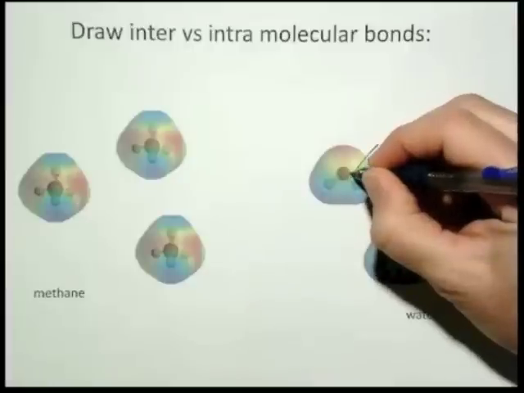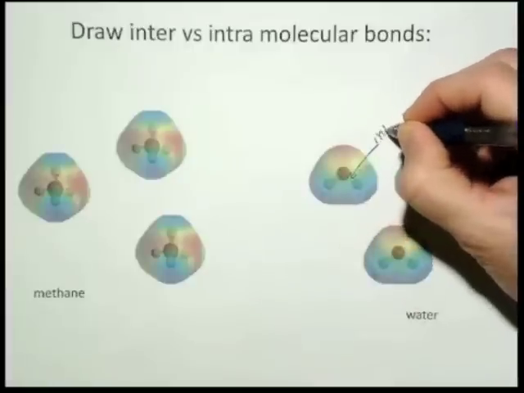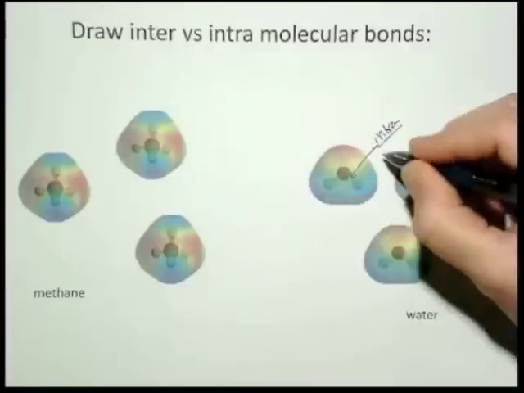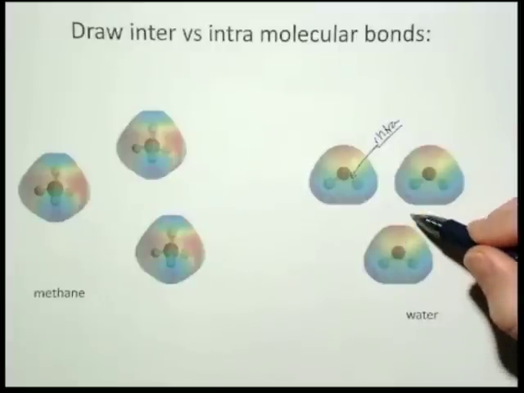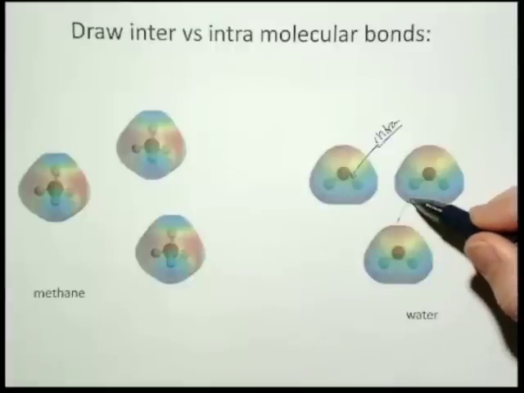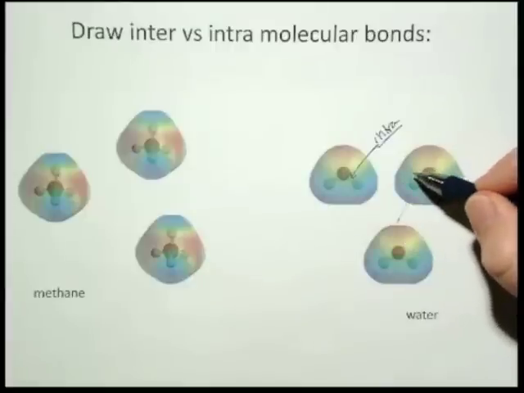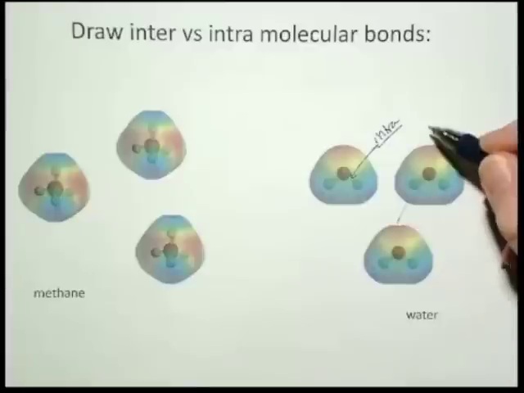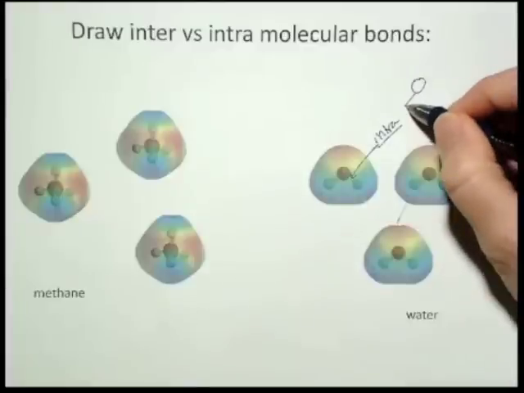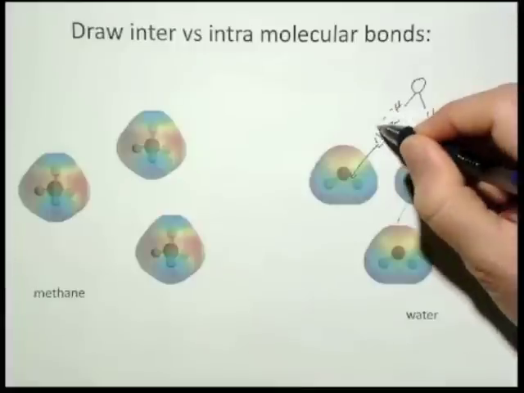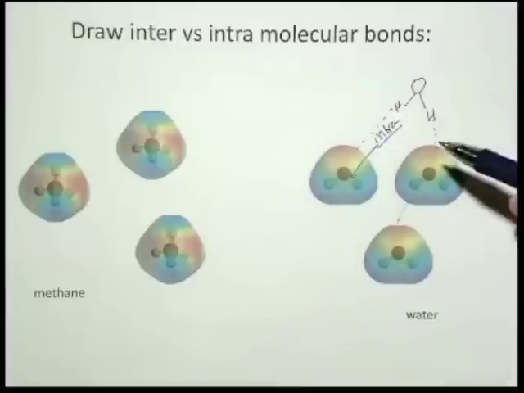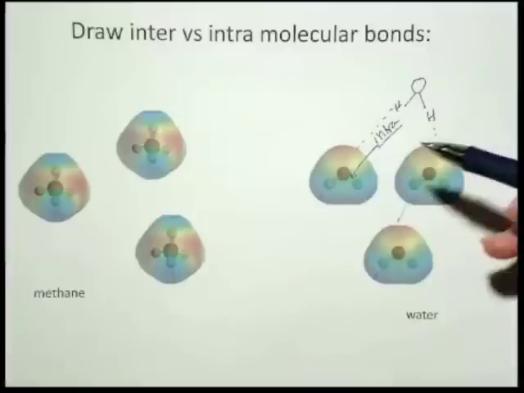This is the intra, because it's within the discrete molecule, and then there would be an attractive force between these molecules. Let me draw another molecule of water. The attractive forces are going to be between the individual discrete molecules, inter forces.